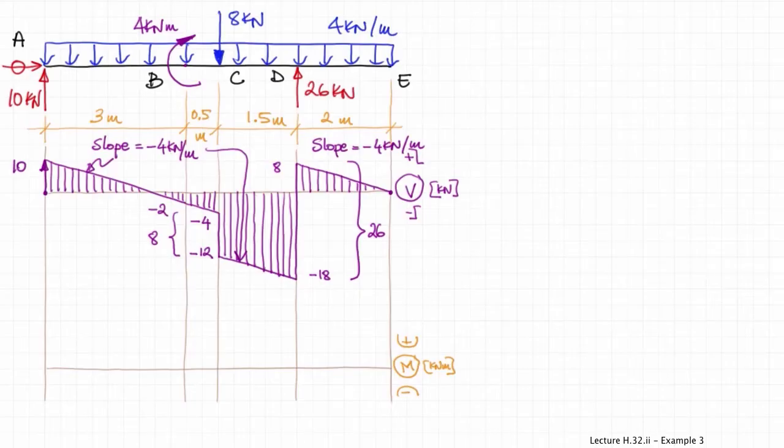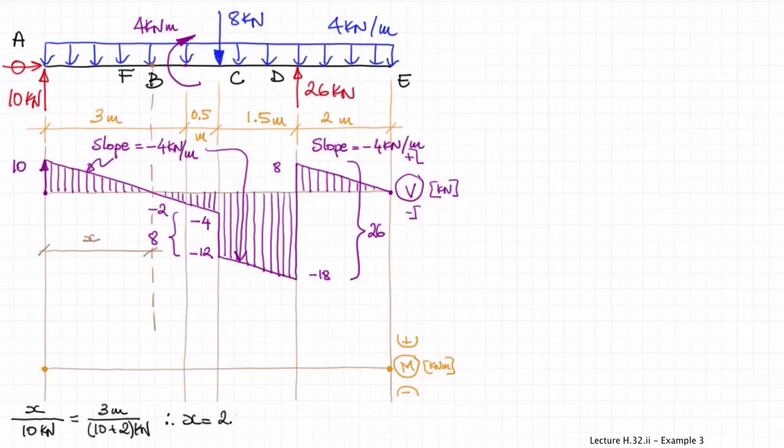Now, with regard to the bending moment diagram, there's a pin at point A and a free end at E, so therefore the bending moment is 0 at the ends of the beam. Also, the shear force becomes 0 at a point here, let's call it F, a distance x from point A. And we can quickly calculate distance x by using similar triangles in the shear force diagram.